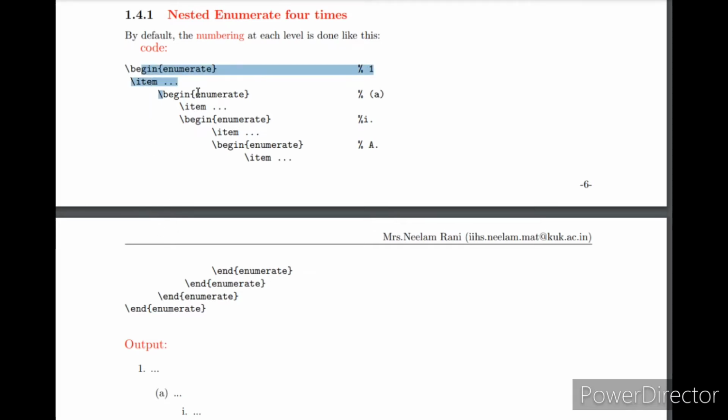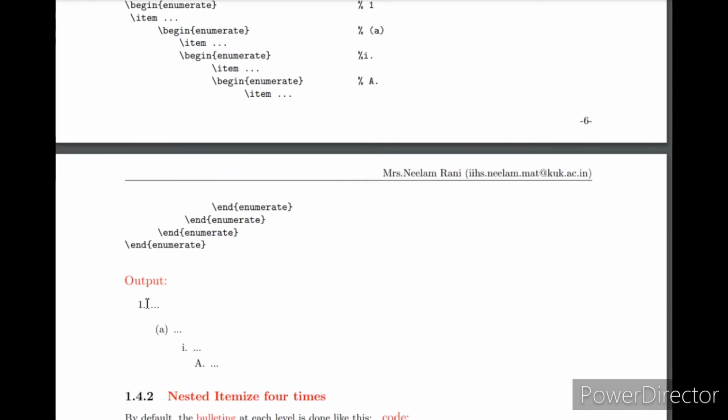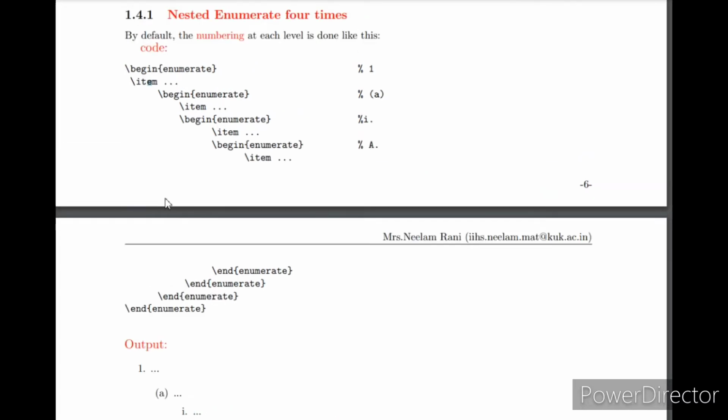This is my first enumerate, and the effect of this enumerate is like this: 1. If I wrote a second item here, then its number will be 2. But I am not writing it, I just want to show the limit of enumerate in your document. So you will write here the second enumerate command.